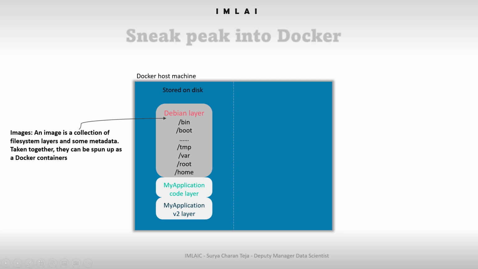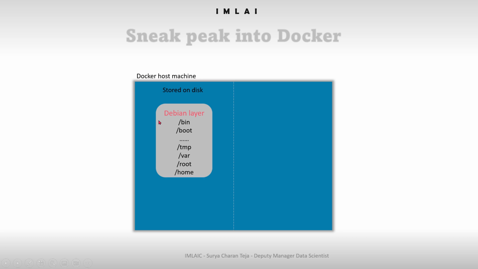In this example, this is our Docker host machine. Inside that Docker host machine, we have an image. This is our image. It's a complete image. What is an image? A simple definition: an image is made up of one or more layers plus some metadata for Docker. That's it.